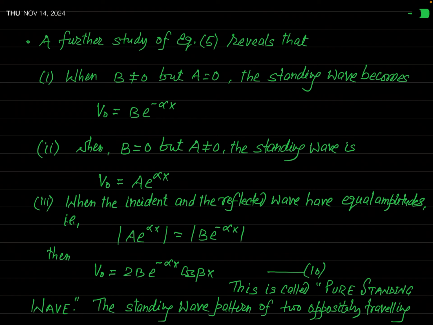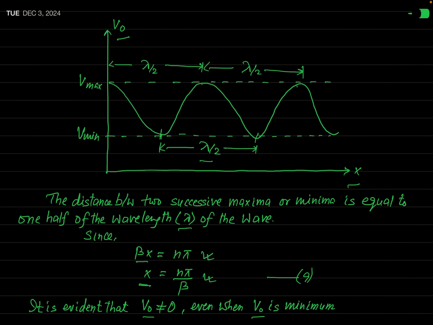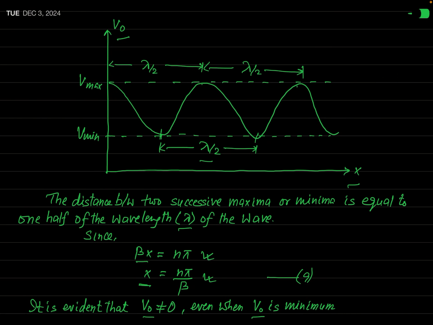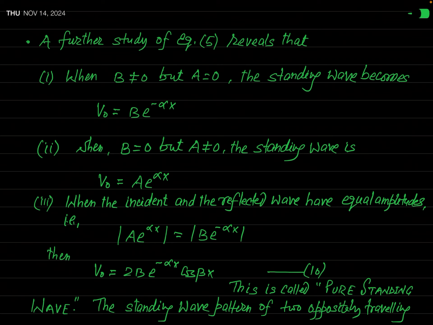Now we can further obtain some important results from this equation number 5. See this equation. I will not turn the page regularly. You can see this equation, note it down in your notebook, and then watch the video and discuss.